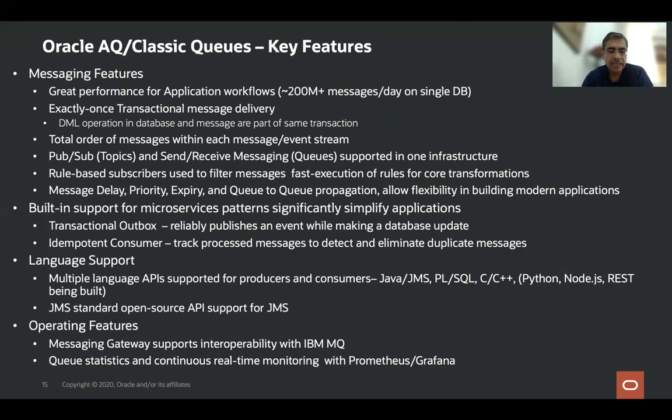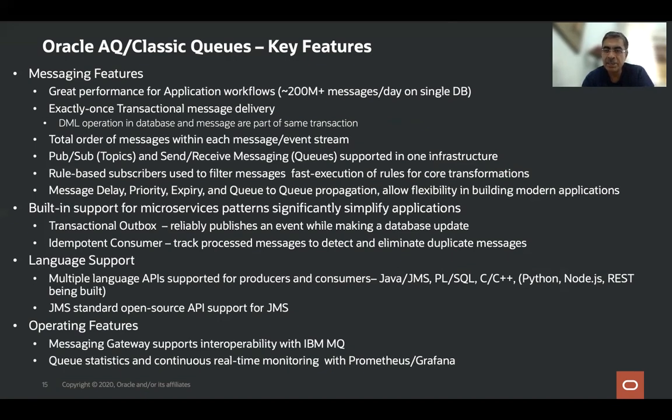Language support continues to be expanded with REST APIs being built, and again, it supports interoperability. So AQ supports interoperability with IBM MQ, and as you upgrade to TEQ, you also see interoperability with Kafka there. And we're also putting a lot of effort in queue stats and continuous real-time monitoring with Prometheus and Grafana.